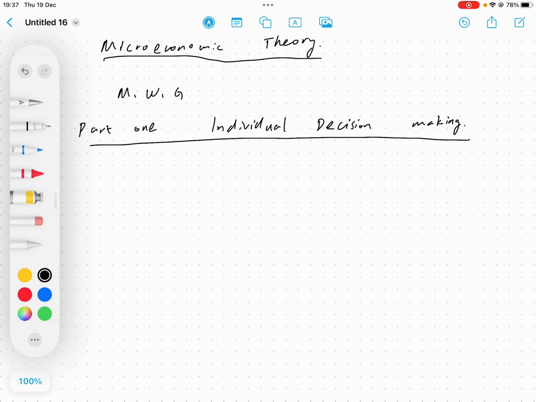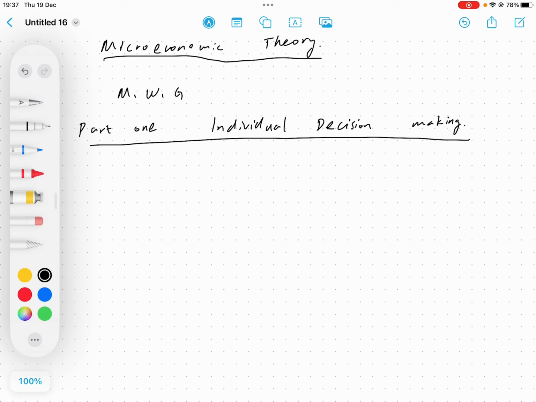And this individual decision making is a very common topic in microeconomic theory studies, right? So many researchers study this kind of problem and try to figure out how agents try to make decisions under certain constraints that they have, right?